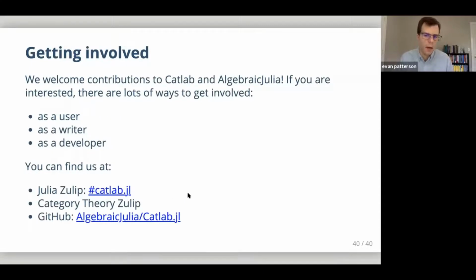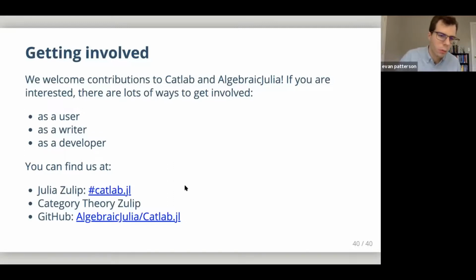CatLab, as are the other projects in AlgebraicJulia, are open source projects with liberal licenses. So we hope that people in the community will use them and possibly also help us develop them. If you're interested in that, there are a number of ways you could become involved. In the first instance, if you have an application in mind, you can try to use these tools as a user and give us feedback on whether they work well or what the pain points are.